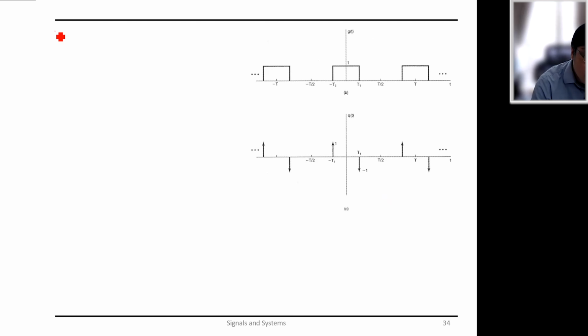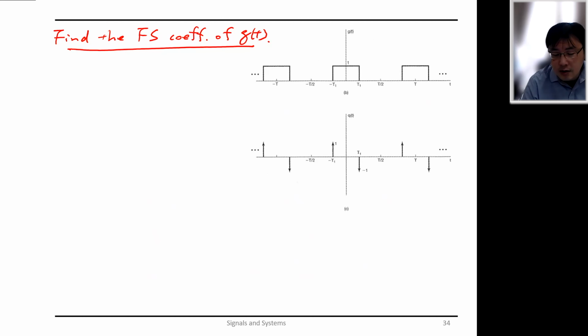Now, suppose we revisit the problem of finding the Fourier series representation of this periodic square wave. So suppose you're asked to find the Fourier series coefficients of the signal g of t. Now, although it may not appear so obvious at first sight, this signal g of t is actually inherently related with the impulse train that we just described.